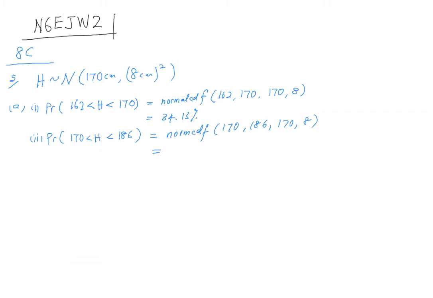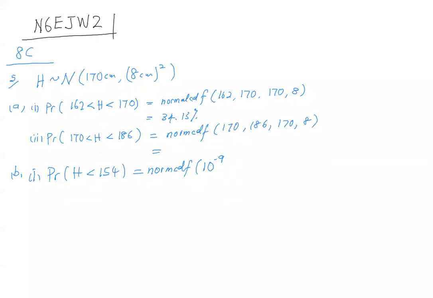Okay, find the probability that a randomly chosen male student has the height less than this value. So you have to use normal CDF, 10 to the power of negative 99.